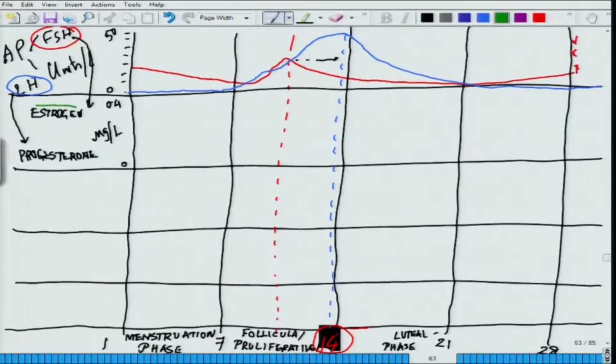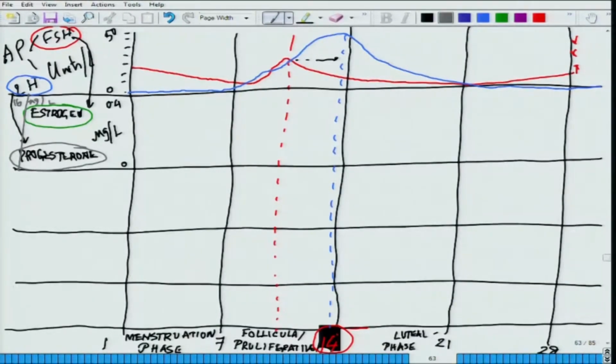I am putting estrogen in green, and I am using a gray color for progesterone. The progesterone level is higher. If I had to draw a graph for progesterone, the top thing will be 16 microgram per liter. Progesterone secretion is much higher as compared to estrogen level.